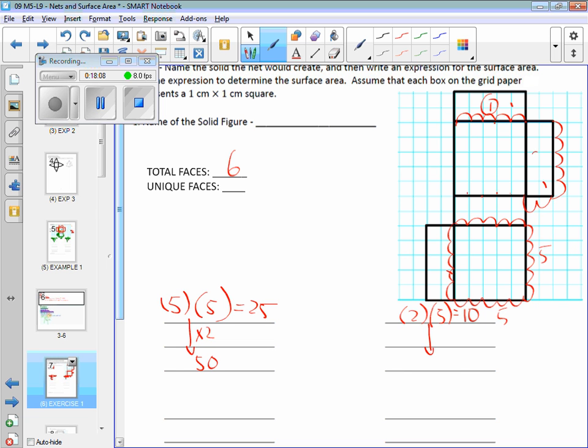I'll even number them. So that's 40, right? So the total is 90 square units. Okay? 90 square units.